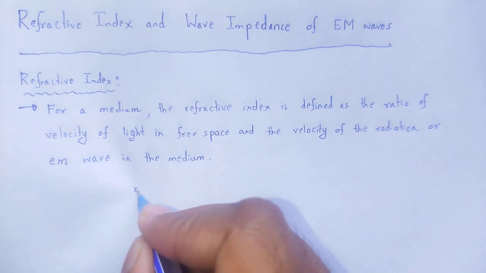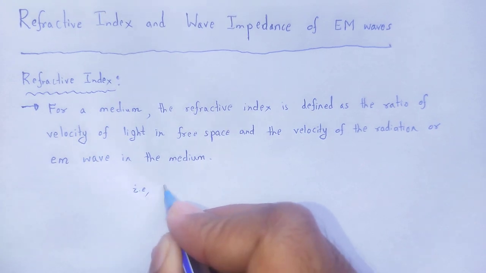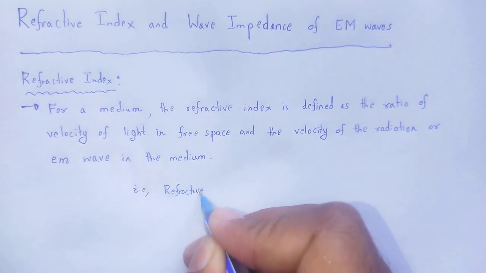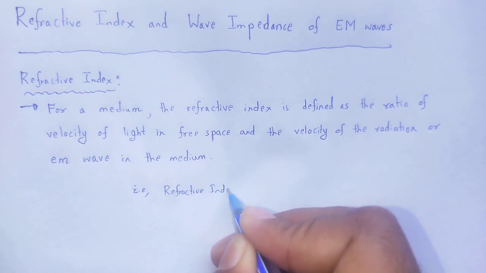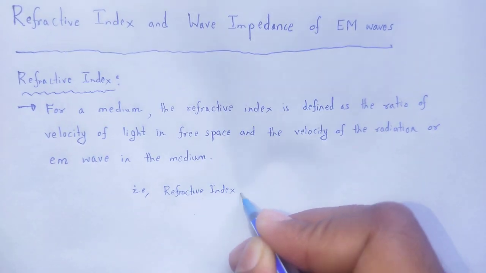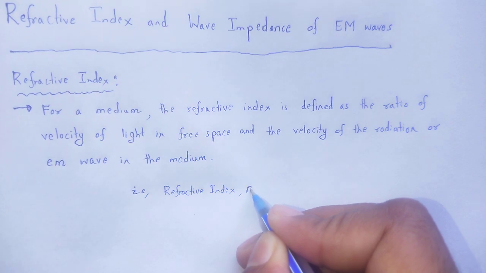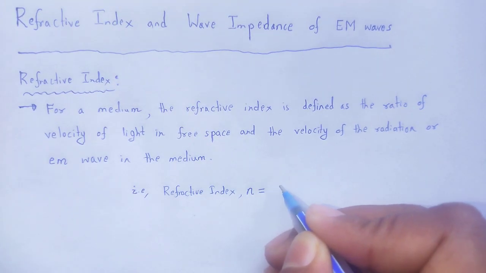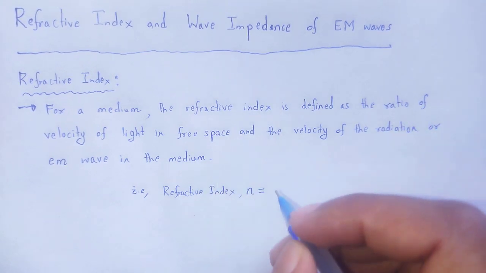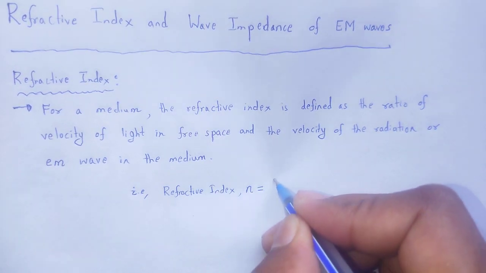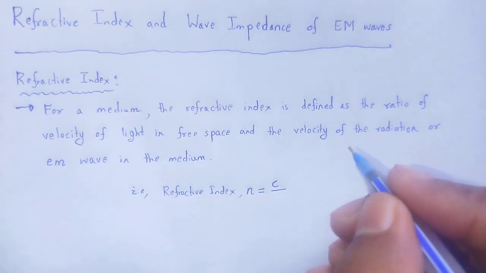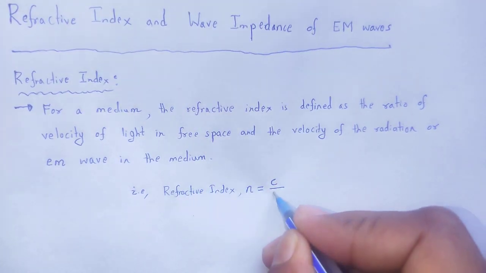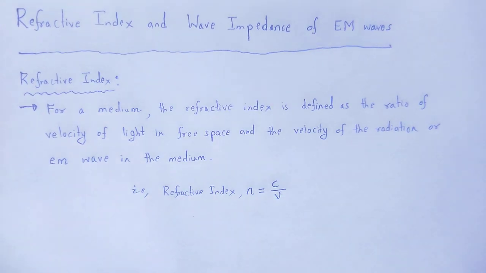That is, refractive index n is equal to the ratio of velocity of light in free space c divided by velocity of the radiation or electromagnetic waves in that medium, let v be the velocity.